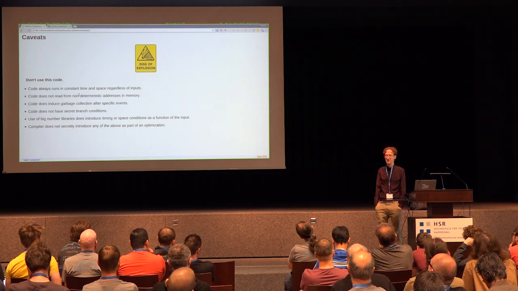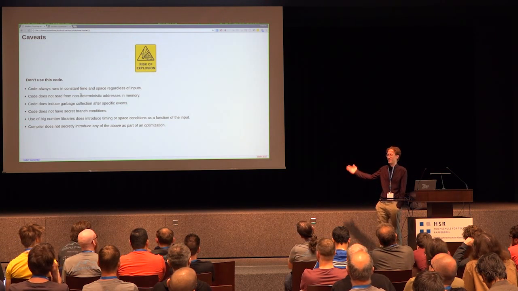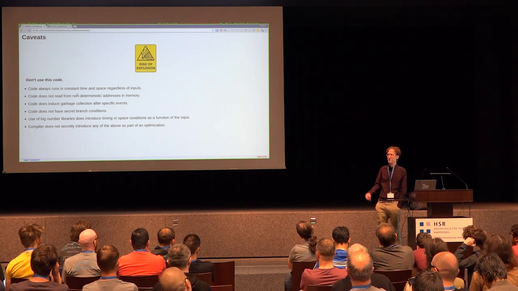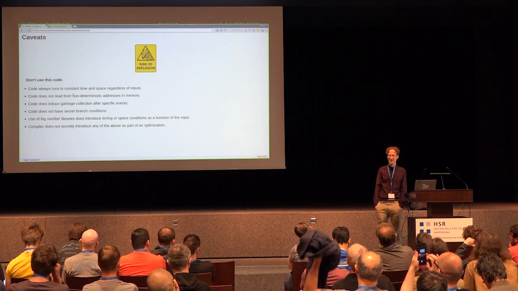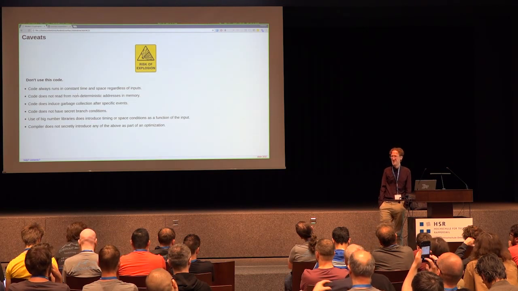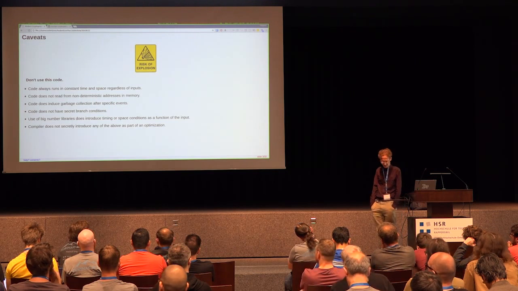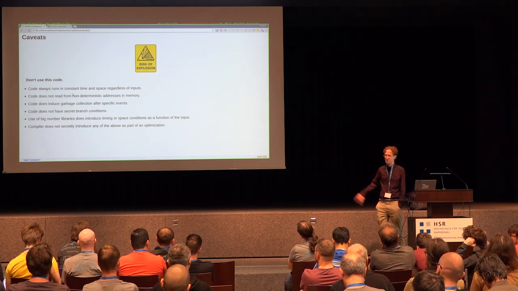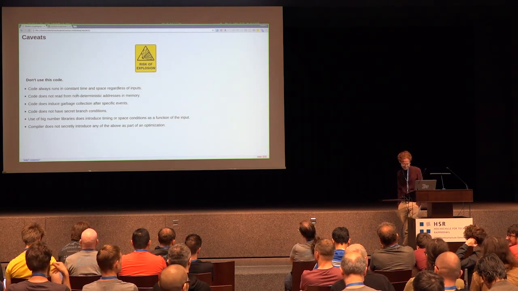But if you were implementing, say, an SSL library, since it's an interactive protocol, you would want to make sure that your code doesn't have any kind of secret branching and these kind of things. So, yeah, this is just the general warning about crypto, but it's going to depend on what you're using it for. Don't rely on this code just yet, by the way. That's sad, but.